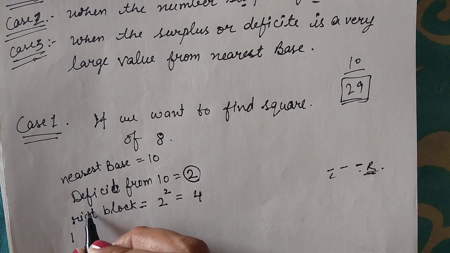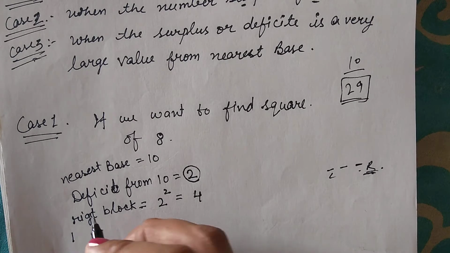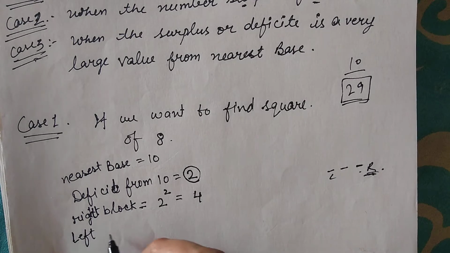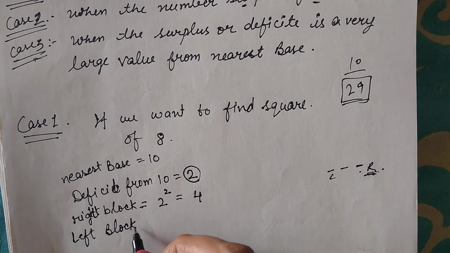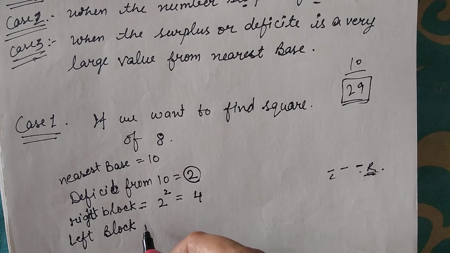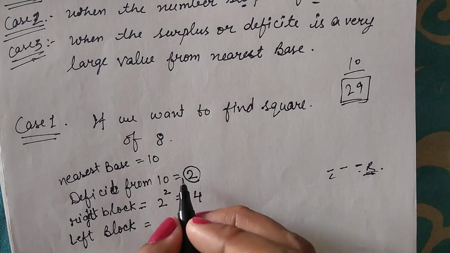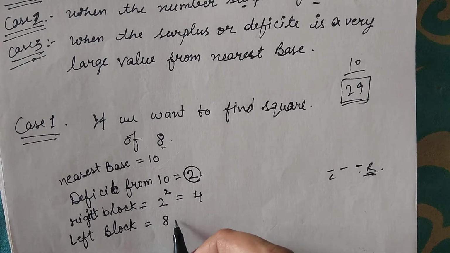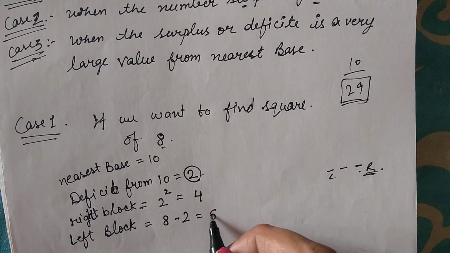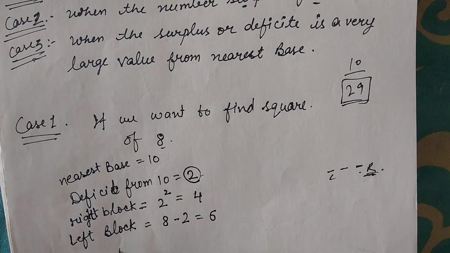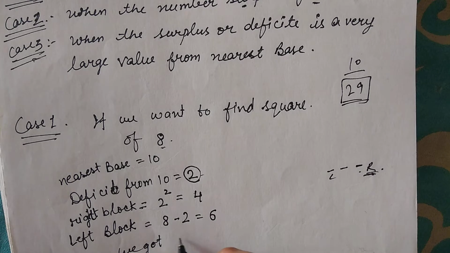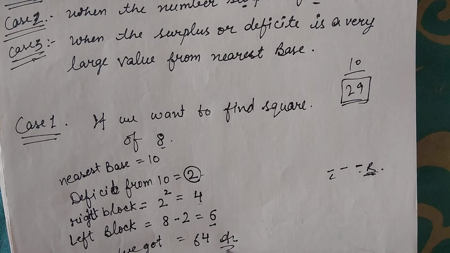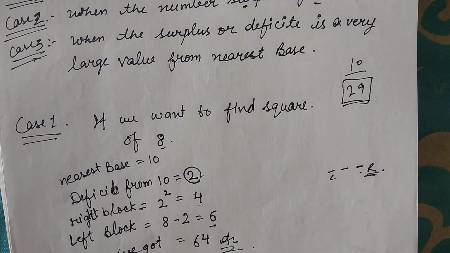For the left block resultant, we subtract 8 minus 2, that is equal to 6. So we got 6 on the left hand side and 4 on the right hand side, that is the answer, the square of 8.